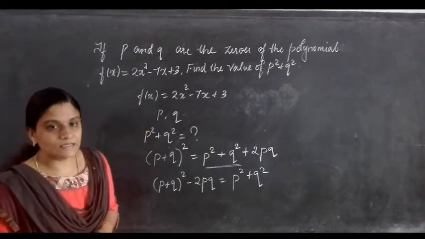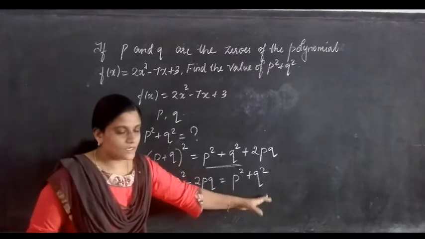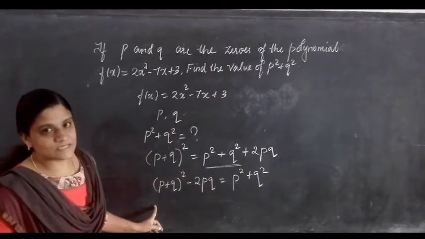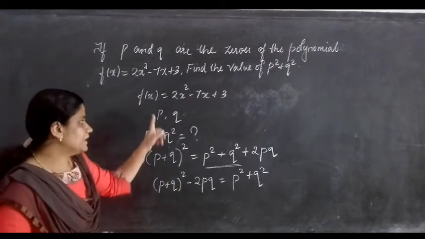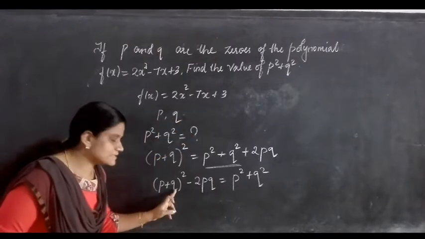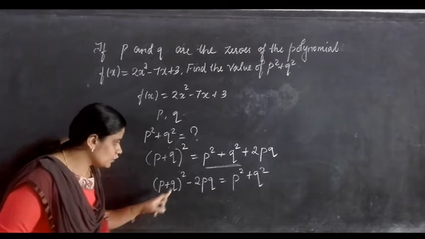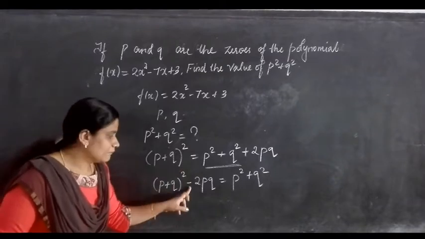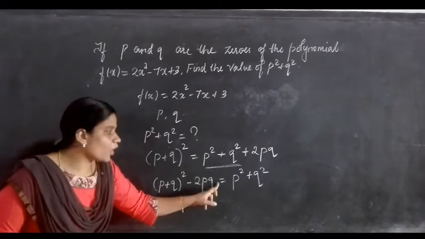So we can find the value of p square plus q square using this form. Now you just see p plus q whole square. p and q are the zeros of this polynomial. Then what is this p plus q? Sum of the zeros. So sum of the zeros square minus 2 into pq. What is this pq? Product of the zeros.